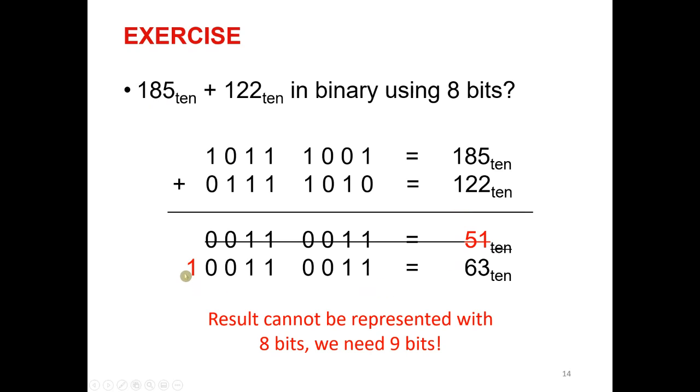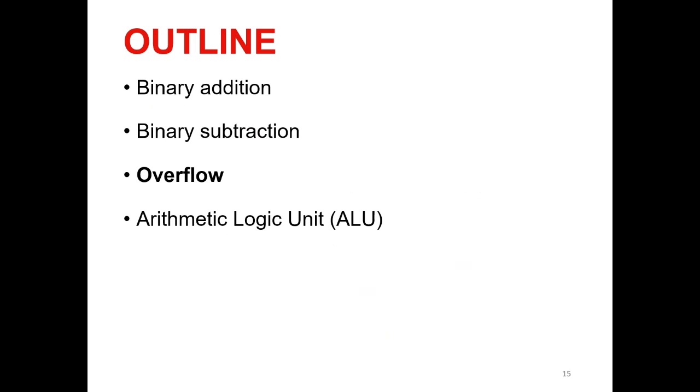We need 9 bits. Okay? So this is precisely what we call overflow. When this happens, that we cannot represent a value with the bits we have, we call this overflow.